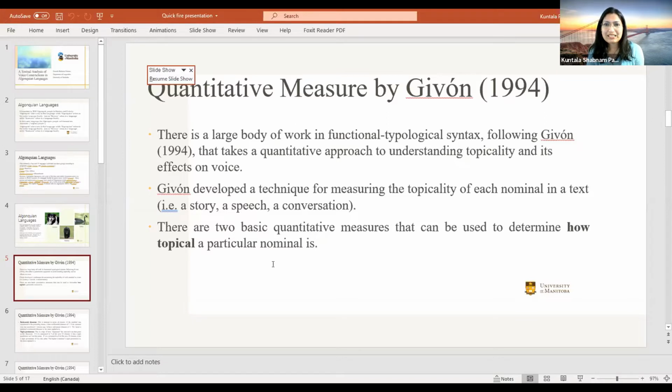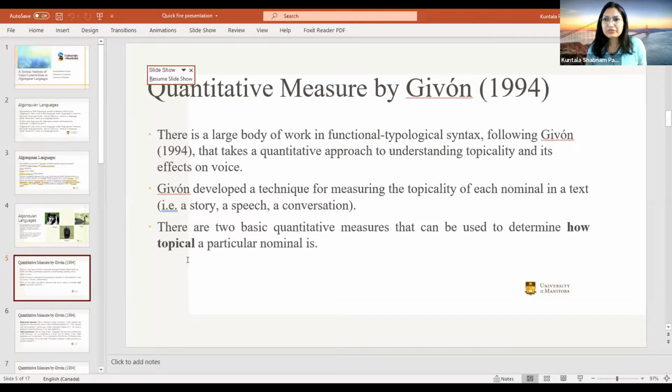So this is a technique for measuring the topicality of each nominal in a text by using a story or a speech or a conversation. And most importantly, Algonquian languages have a very rich history in fairy tales, mystical stories and things like that. So we are supposed to use the text for analyzing the voice construction for our research.